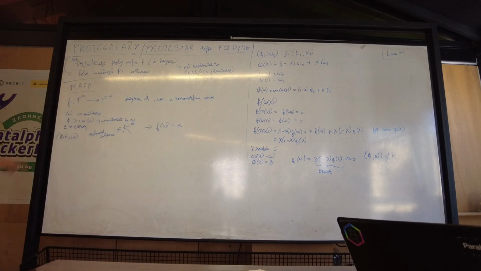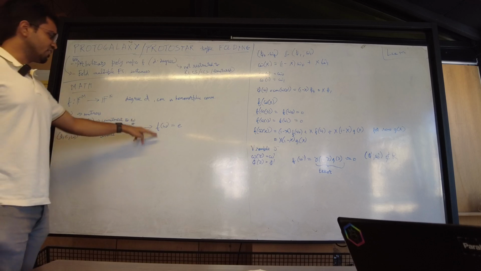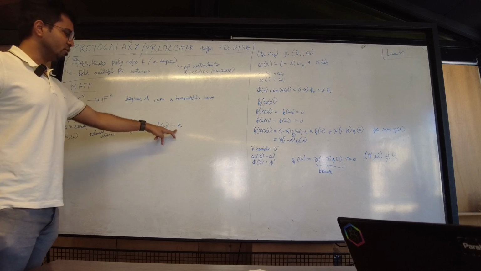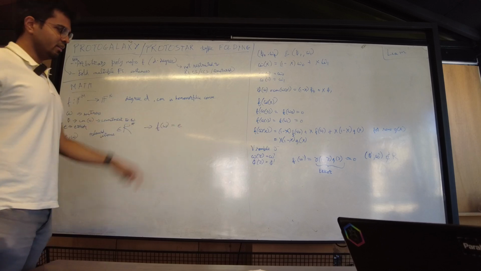So you redefine your instances as these relaxed instances, such that the instance now contains the values phi, which is the commitment, an error term, and the witness, and you say that instead of the function evaluated at the witness being 0, it will now be equal to E.